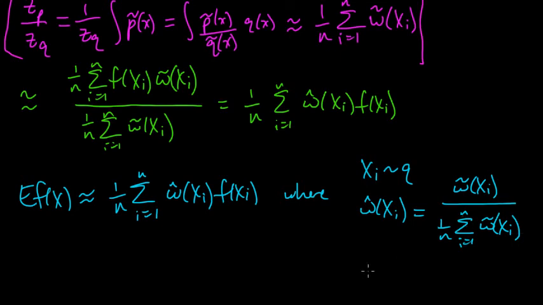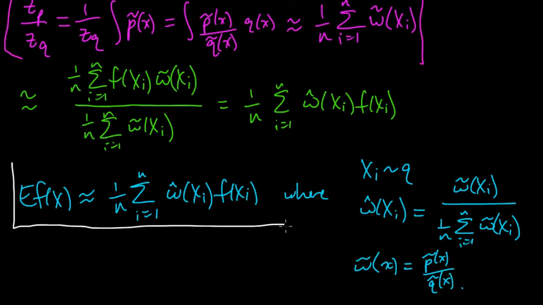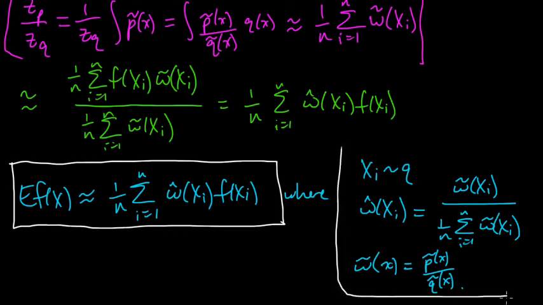And w tilde of x is p tilde of x divided by q tilde of x. That probably wasn't necessary to write, but just to be perfectly clear, this is importance sampling when we don't know the normalizing constants.